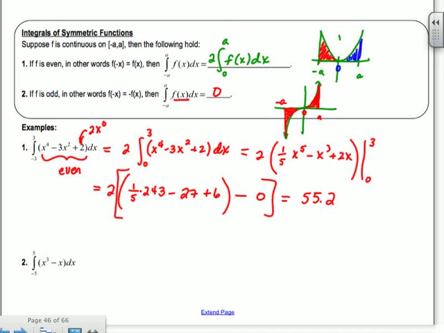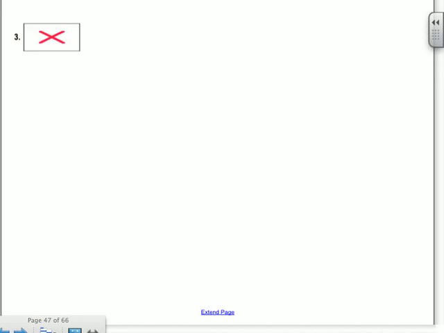When I plug in 3, I get 1/5 of 243, minus 3 cubed is 27, plus 6. And then this is what I was saying, when you plug in 0, 0. So that makes it a lot nicer than plugging in negative 3. So you end up with, I think the first class had 55.2. So 55.2.